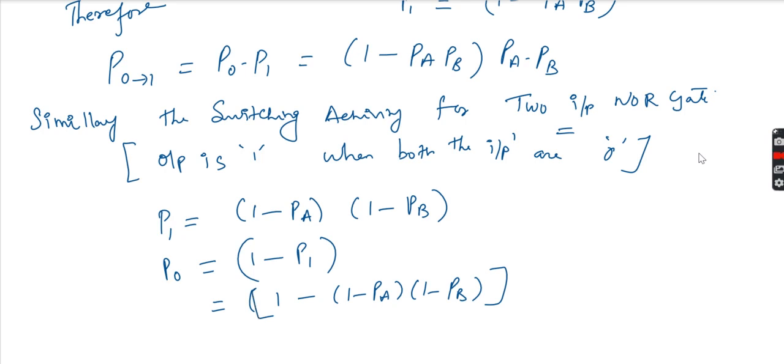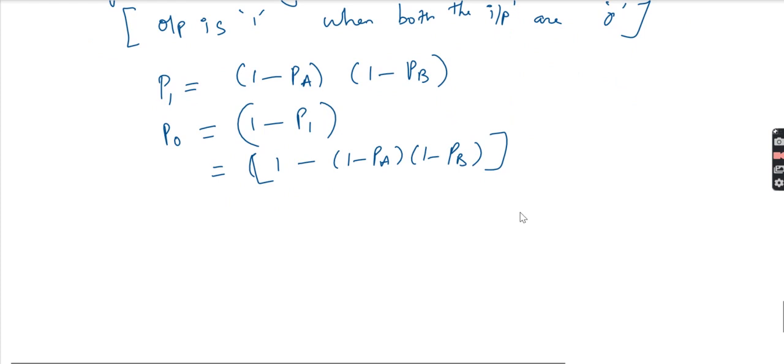So now finally I can say the switching activity for P0 to 1 will be equal to P0 into P1.